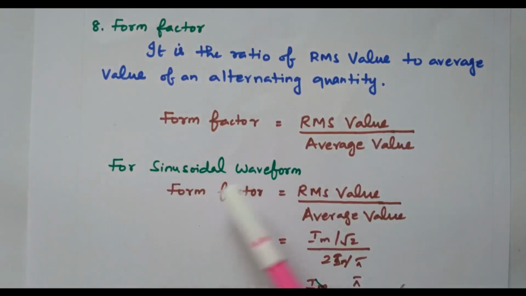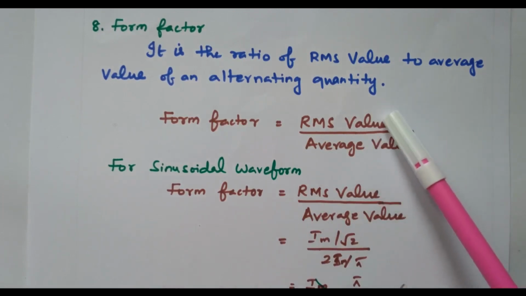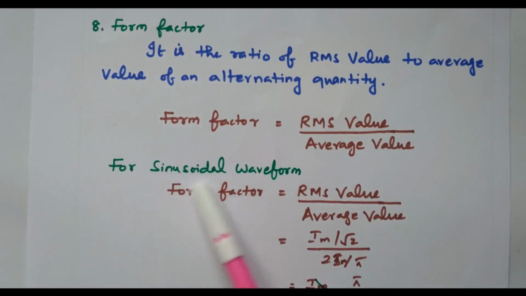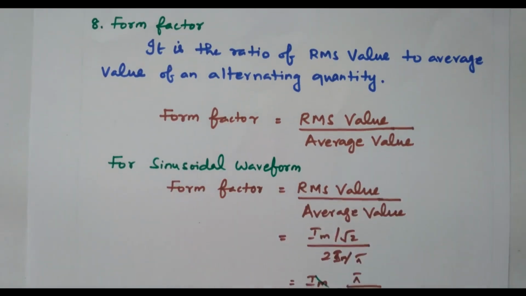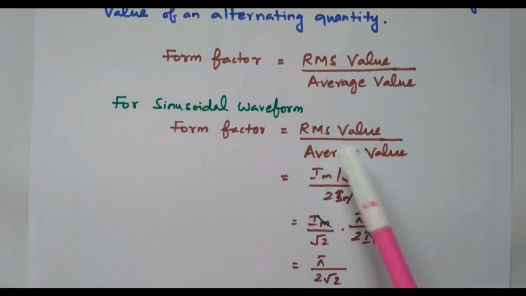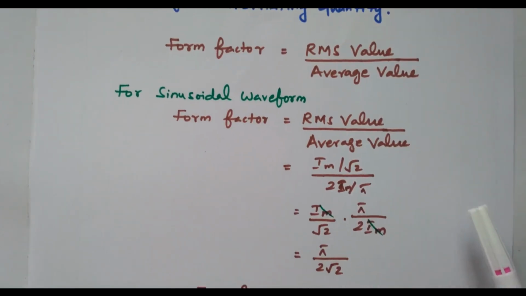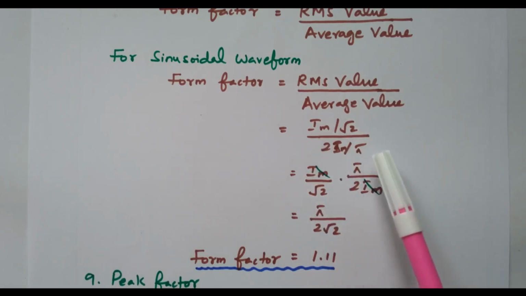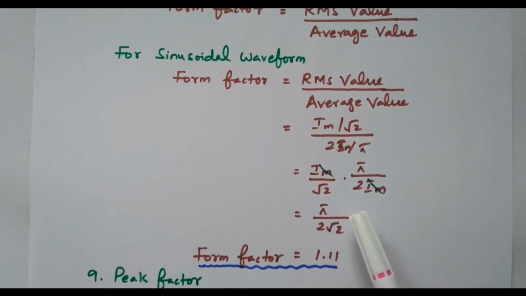For sine wave, we already calculated the RMS value and average value. Just now we got the derivation. Now we'll substitute. For sinusoidal waveform, form factor equals RMS value by average value. RMS value is Im by root 2. Average value is 2 Im by pi. So it is Im by root 2, and while going to the numerator, it becomes pi divided by 2 Im.